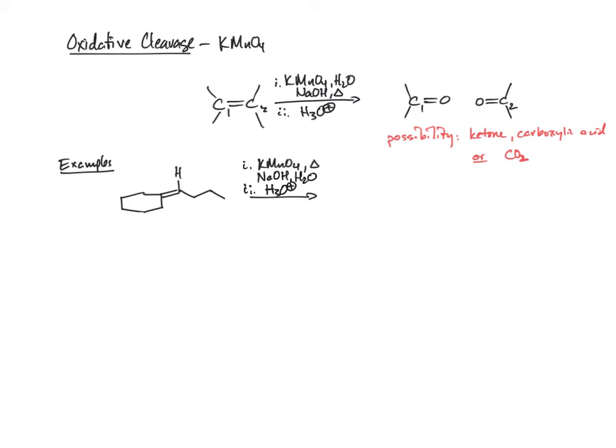Now what I'm going to do is identify carbon, maybe I'm just going to put dots, if that's okay. The red dot and the blue dot identify the two sp2 hybridized carbons of the alkene.